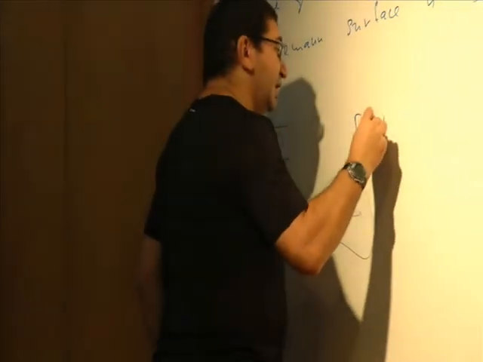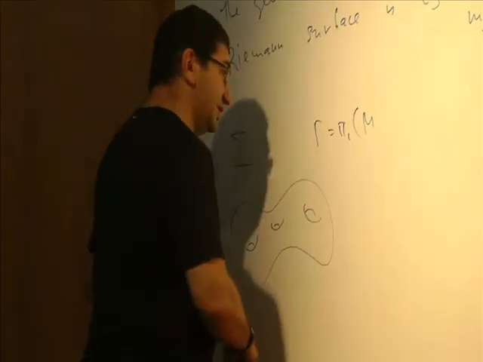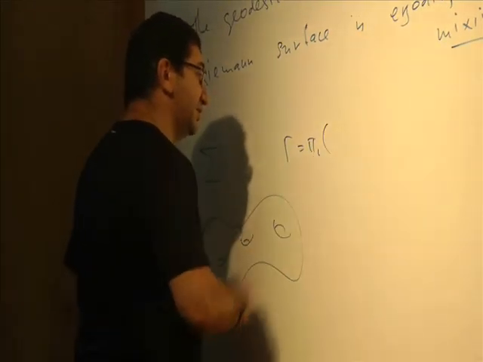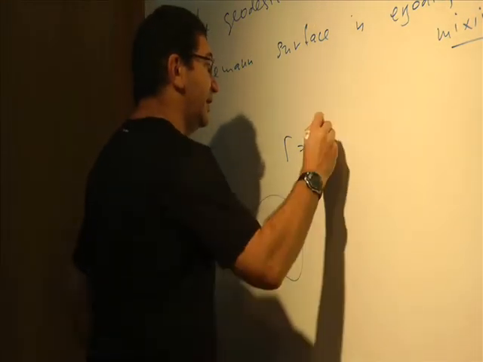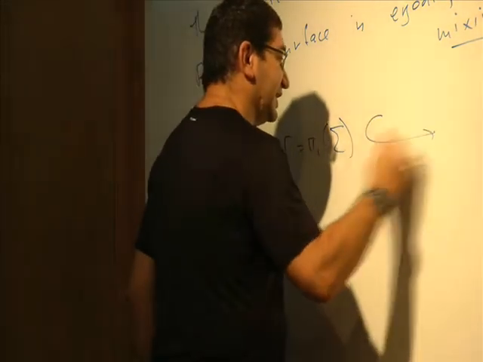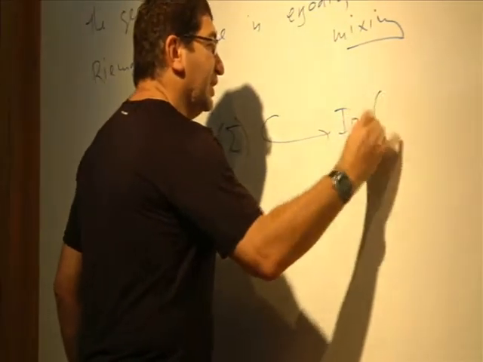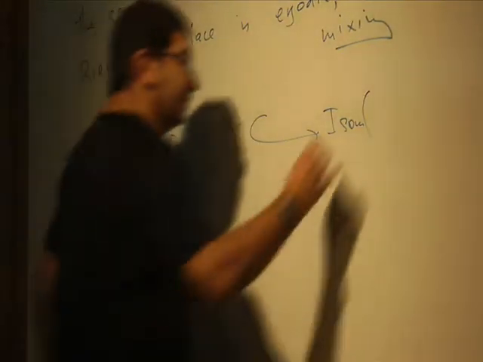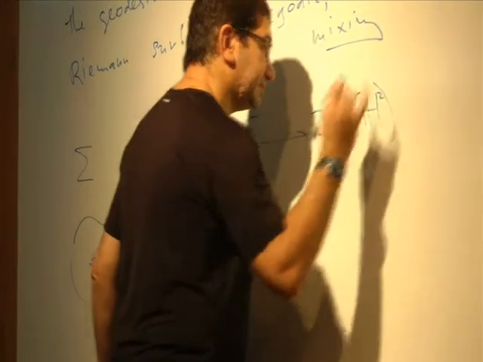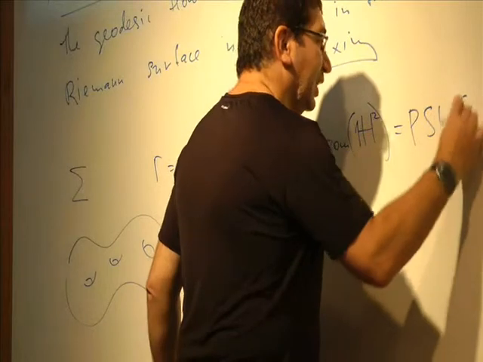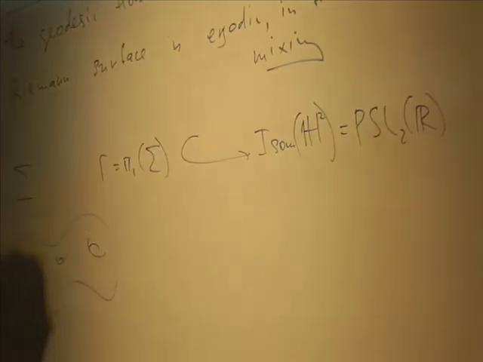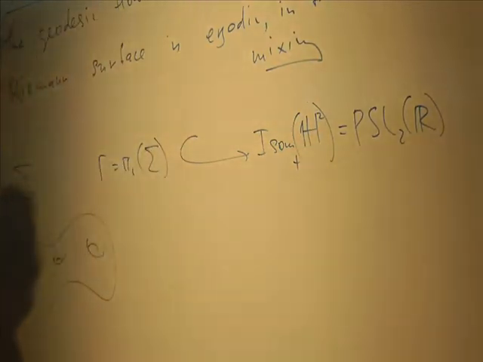That gives you an embedding of the fundamental group of the surface in the group of isometries of the universal cover, which is the hyperbolic plane. So this gets embedded in the isometries of the universal cover, which is the hyperbolic plane, and also happens to be PSL_2(R). Well, that's not exactly the isometries, but the orientation preserving ones. This is an orientable surface, so no orientation reversing elements land there.